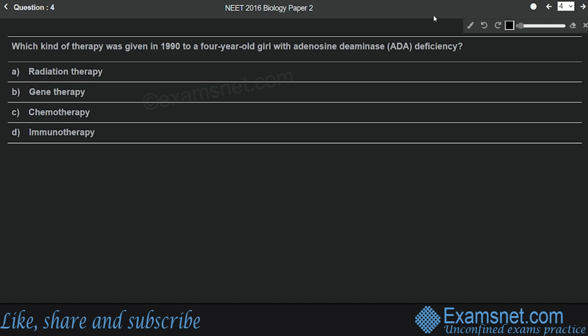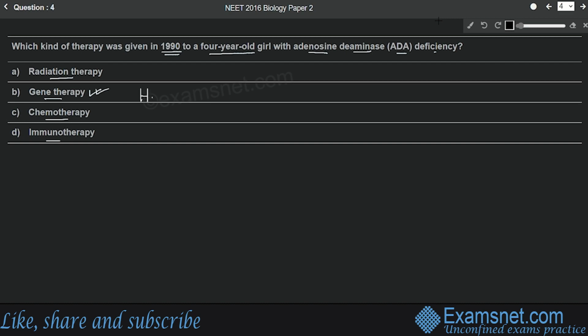Question number 4 is from the chapter Biotechnology and its applications. Which kind of therapy was given in 1990 to a 4-year-old girl with adenosine deaminase, that is ADA deficiency? Options are radiation therapy, gene therapy, chemotherapy and immunotherapy. The correct answer is option B, that is gene therapy. Gene therapy is used in case of hereditary diseases.